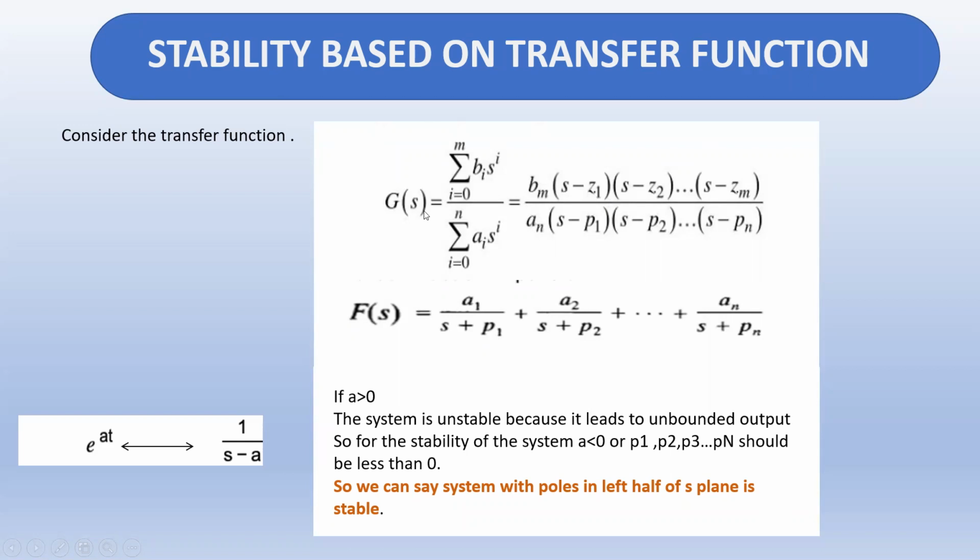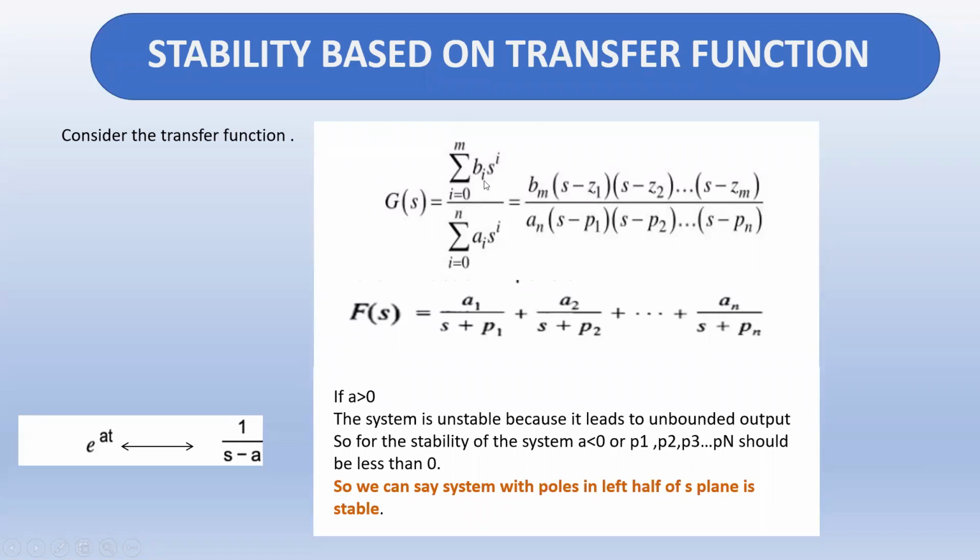We have the transfer function in the Laplace domain as G(s) equal to a numerator polynomial in s over a denominator polynomial in s, with corresponding coefficients. We can write the polynomials in terms of their roots.